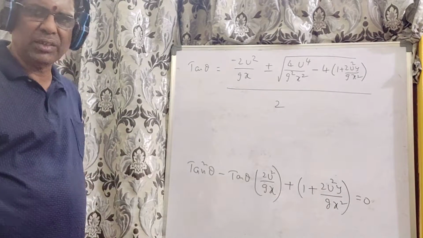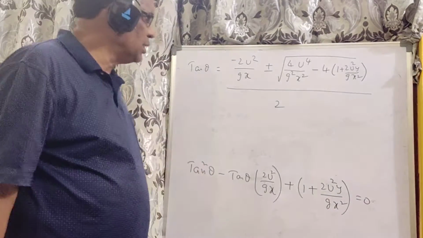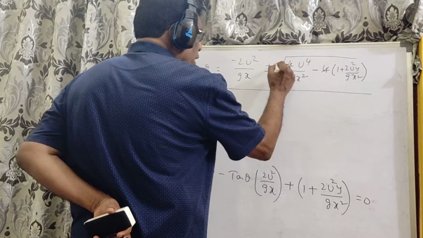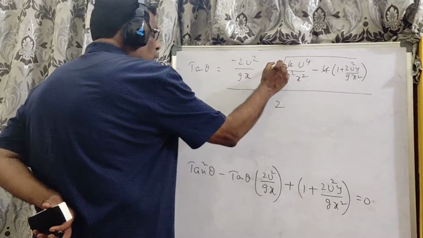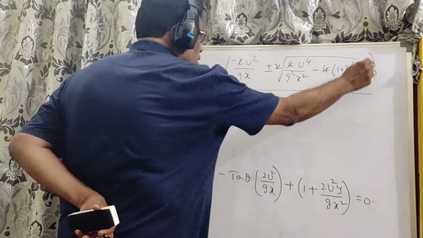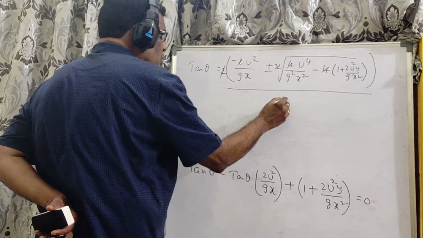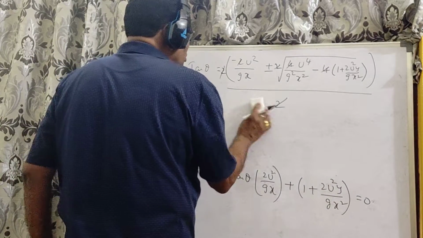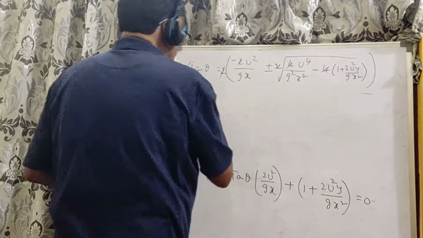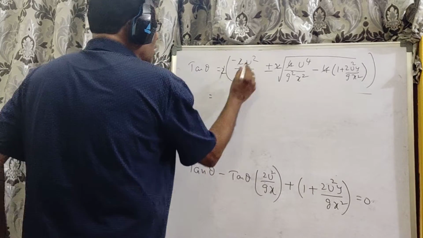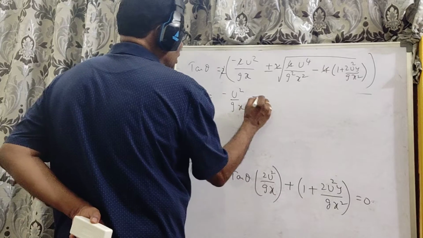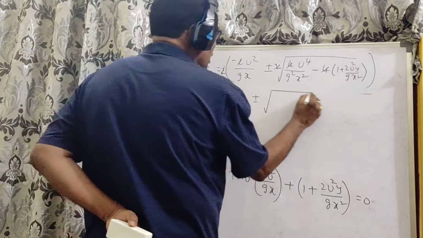Because it's a very lengthy equation, don't get confused, simply follow blindly. 4 if I take common, it becomes 2, and 2 if I take common, this 2 gets cancelled. Now that will give me a relation: minus u square by gx plus or minus.